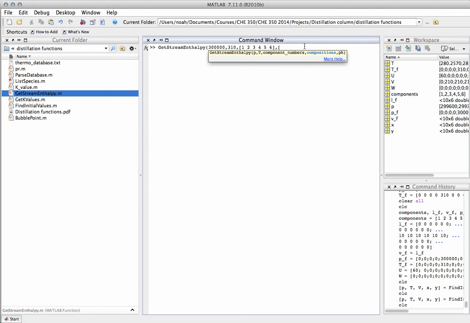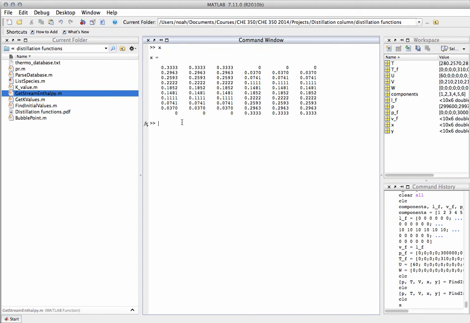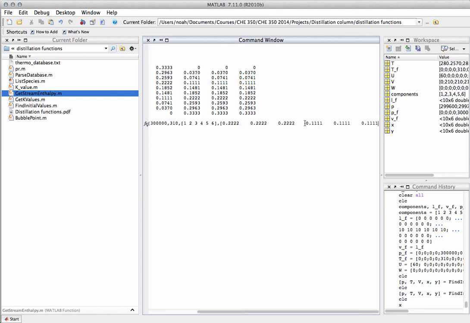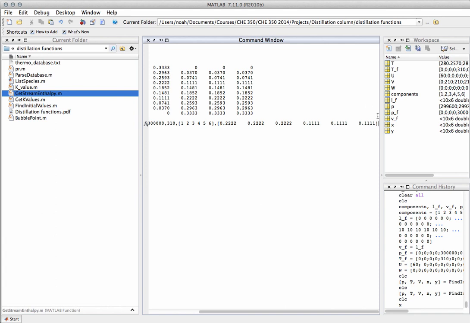Let's actually copy this and let's just take a look at X. Okay. All right, so let's use the compositions that we actually have in this X matrix at, say, this stage. All right, so we'll just copy and paste those compositions. And then what else do we need?